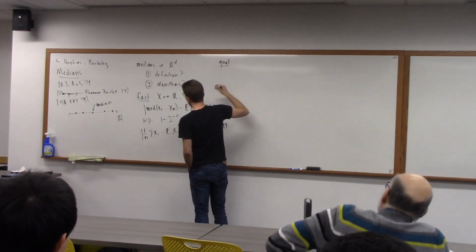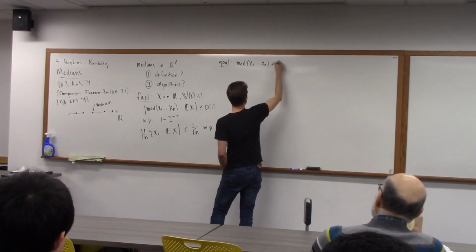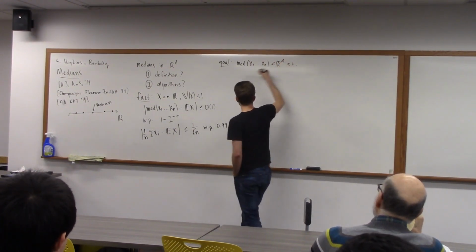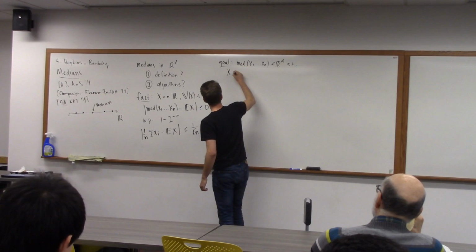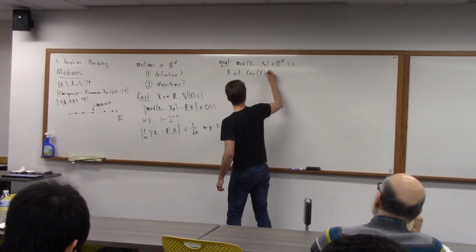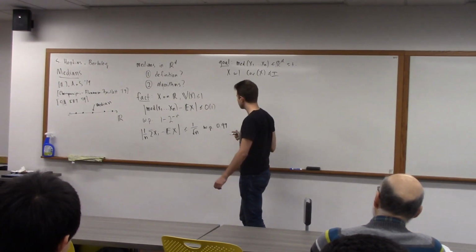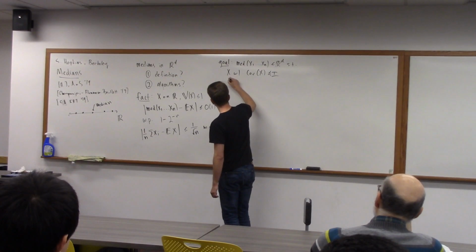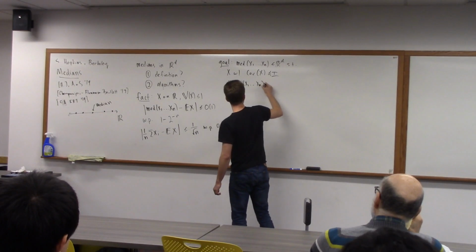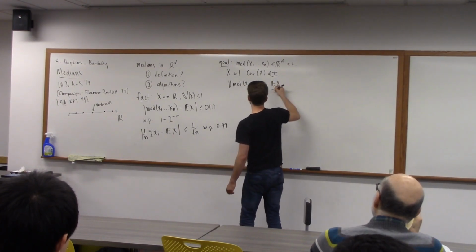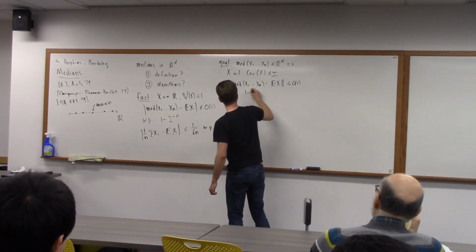So my goal is to find some definition of median of a set of vectors x1 up to xn, now living in R^d, such that if I have a random vector with covariance at most identity, that's like saying in every direction the variance is at most 1, I would like to have that the distance, now measured in L2, between the median and the population average is, let's say, less than order 1 with probability 1 minus 2 to the minus n.